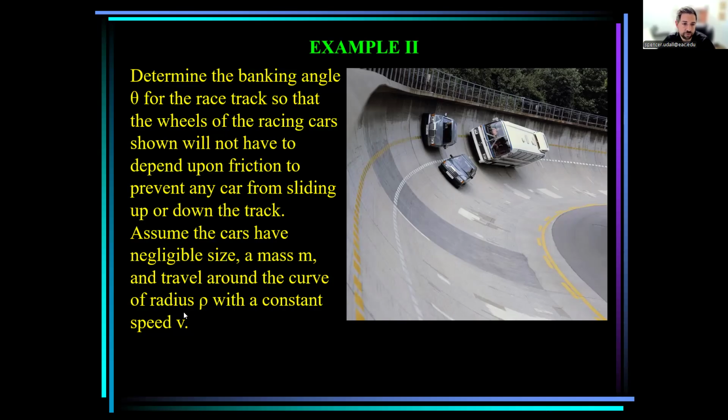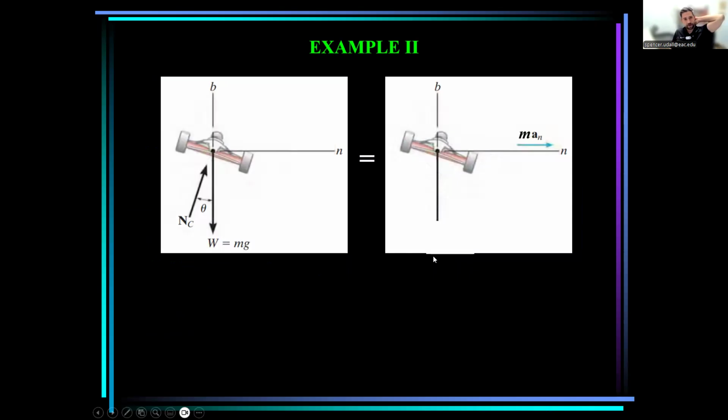And the radius rho. We're going to do this one with general variables rather than numbers, and a speed v. So if we wanted to do that, let's draw up our free body diagrams. As this banking angle changes, and I'm going to try and draw some here, this would be our plane, and it could be at this angle there.